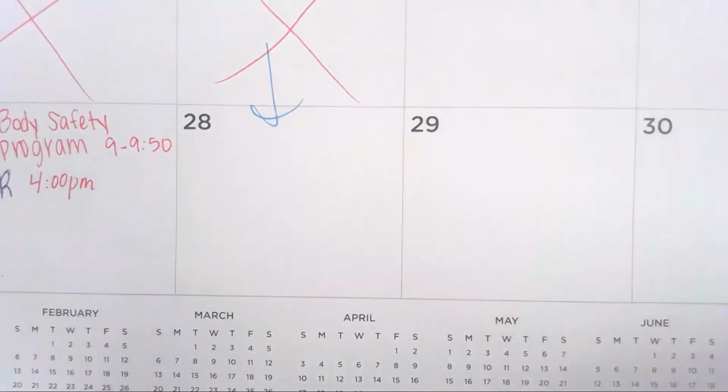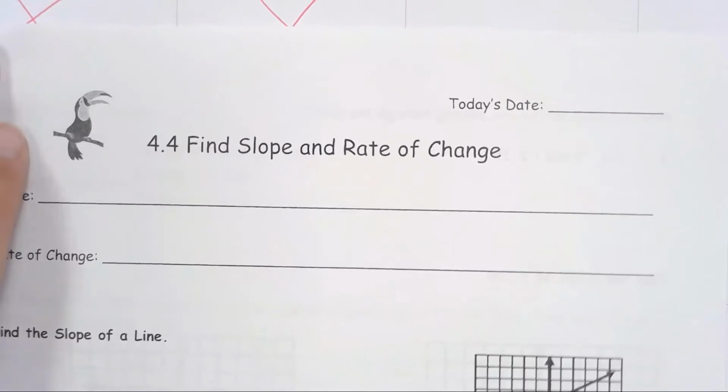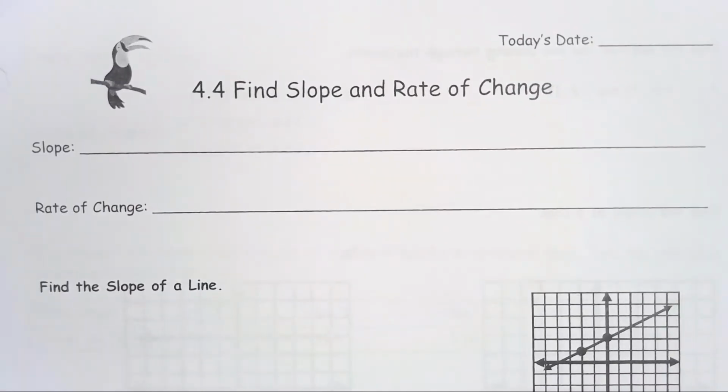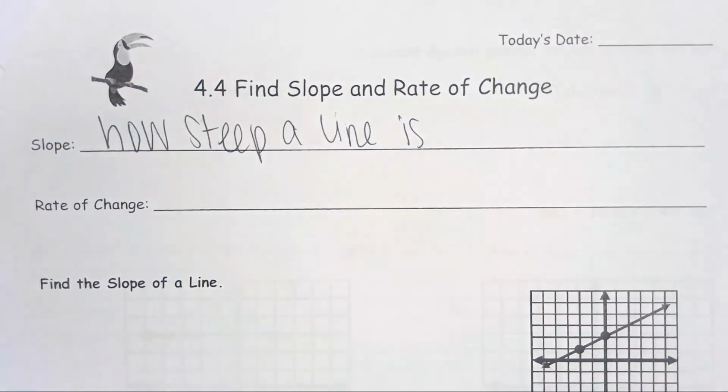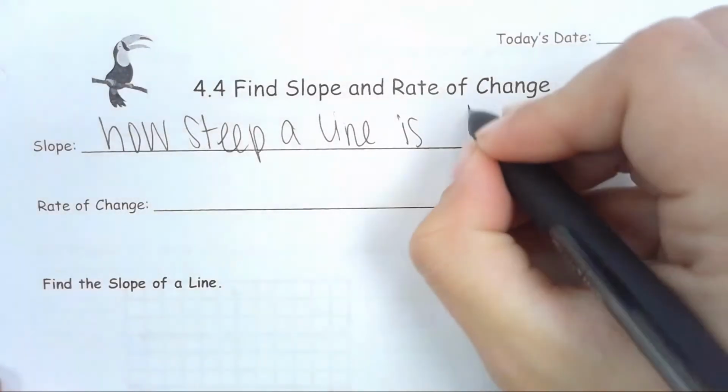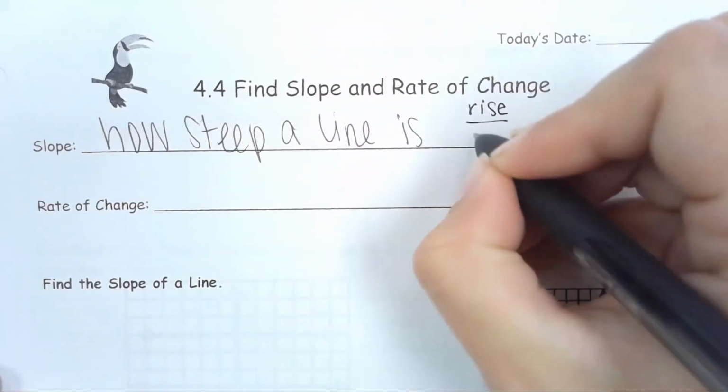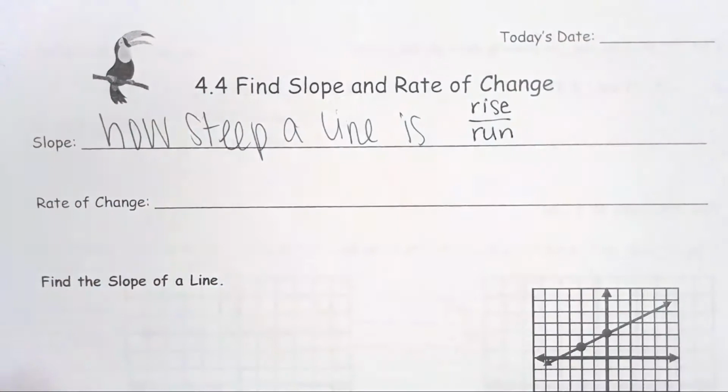Alright, remember you guys can pause this video at any time. I'm going to go ahead and move on to slope and rate of change. So remember when we were talking about slope, we were talking about how steep a line is. And we have talked about 3 different formulas for slope. One of them is rise over run, and you're using the rise over run formula when you're looking at a graph.